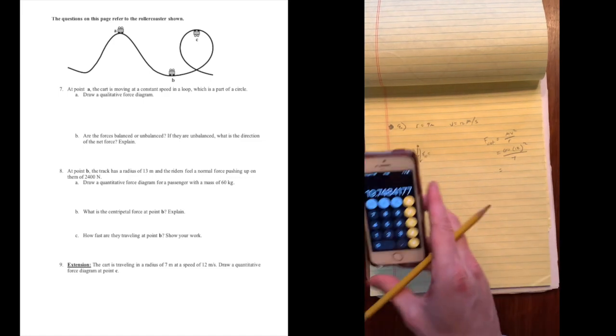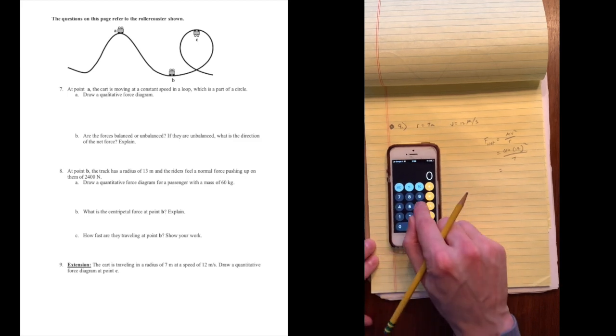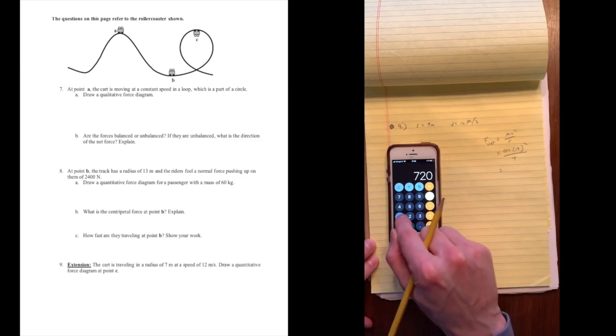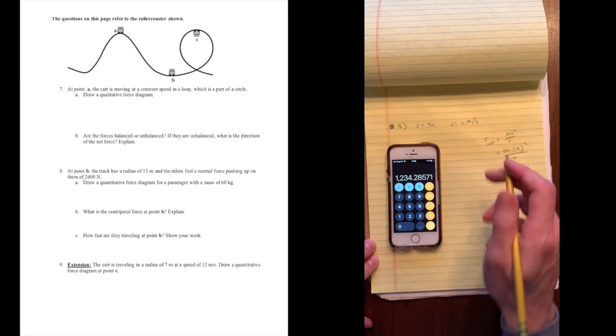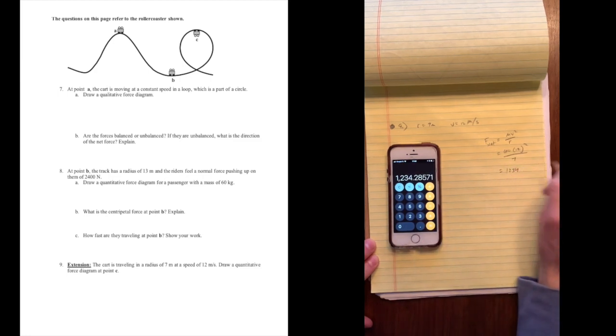So to find out, we're going to find the net force, which is our same mv squared over r equation. And we should have m, v, and r. So we have all the things. So I'm going to, again, use the calculator. So 60 times 12 times 12 divided by 7 is 1,234.3.